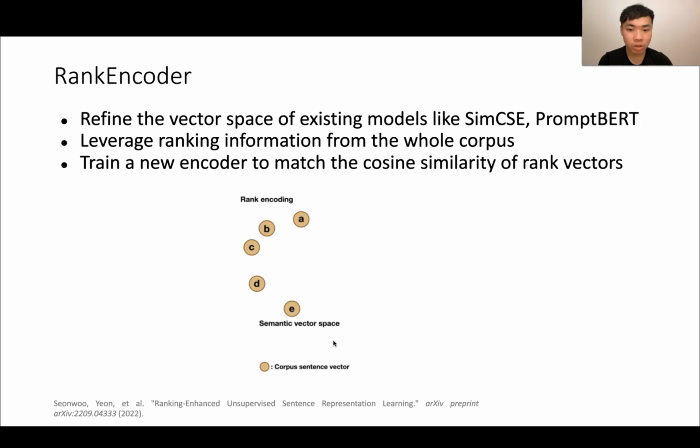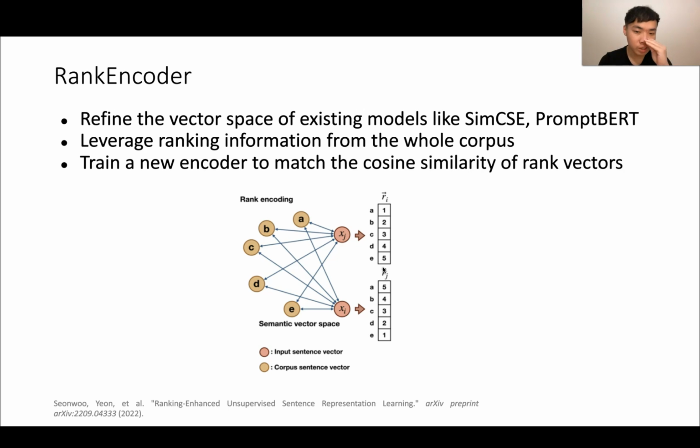So if you have a corpus with 5 sentences, you can compute the sentence embedding by SimCSE, so you have 5 data points here. And if you have a new input to the model, you can compute the cosine similarity between this input and all the other examples in the corpus. So you can obtain a ranking vector here.